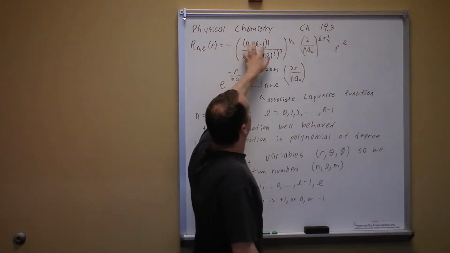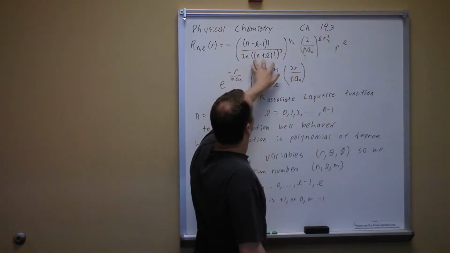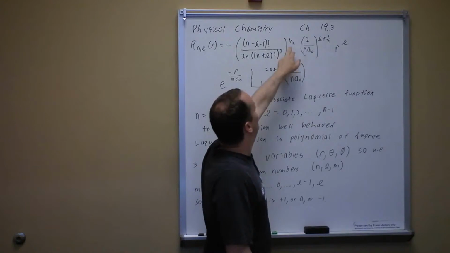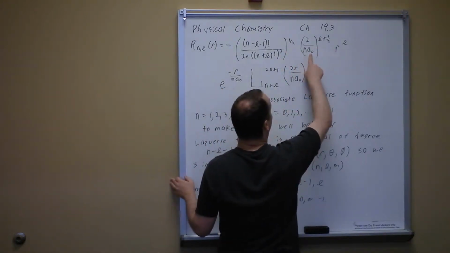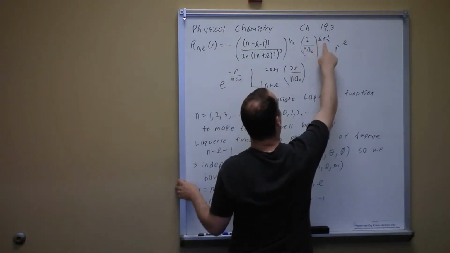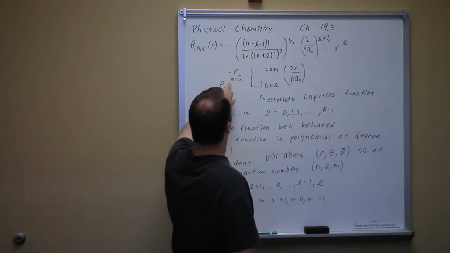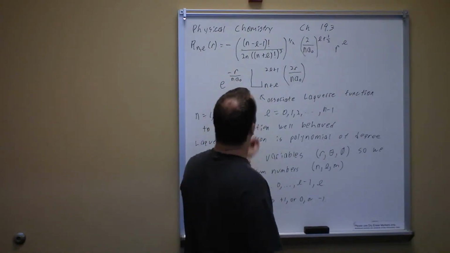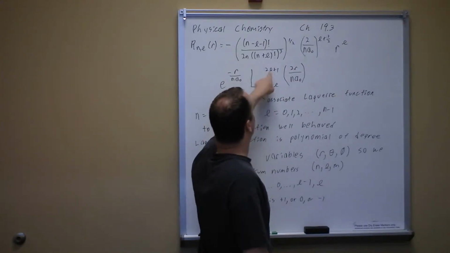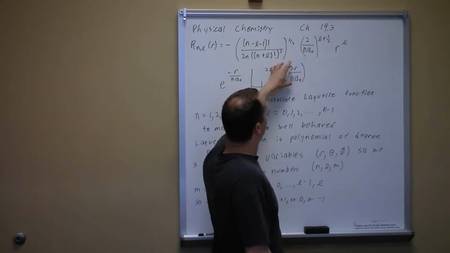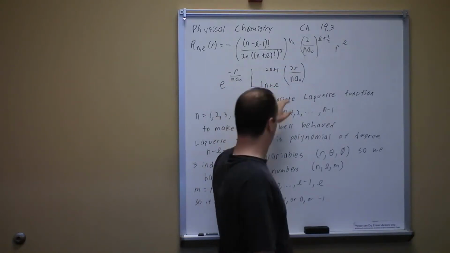It's n minus l minus 1 factorial over 2n times n plus l factorial to the third power, all that to the 1/2, or square root, times 2 over n times a naught, remember, that's the Bohr radius, to the l plus 3/2, times r to the l, times e to the minus r over n times a naught, that's the Bohr radius again, times this function, capital L, from n plus l to 2l plus 1 of 2r over n a naught. This is called the associated Laguerre function.